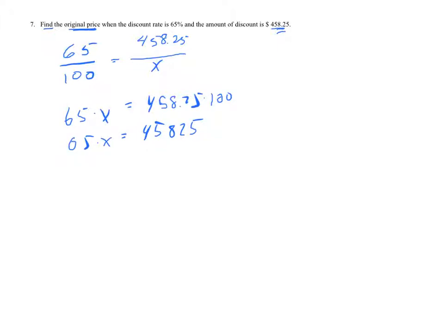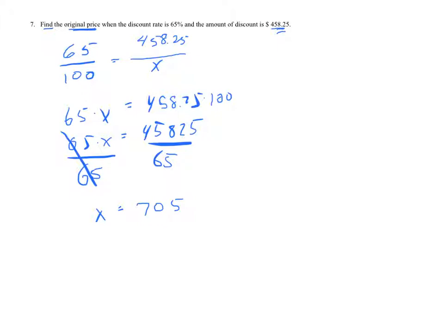Now when we divide by 65, we find that X is equal to exactly $705. So the original price would be $705.